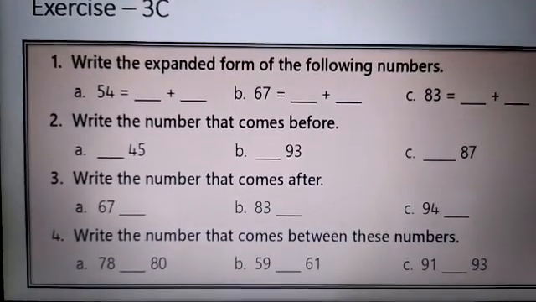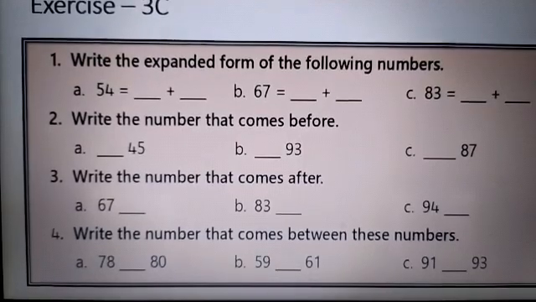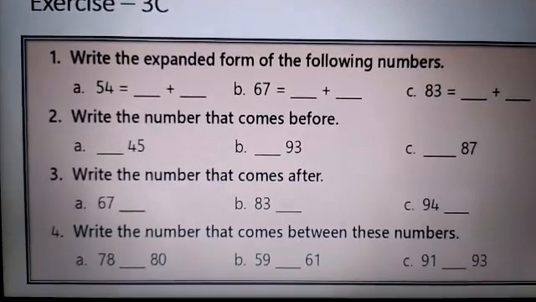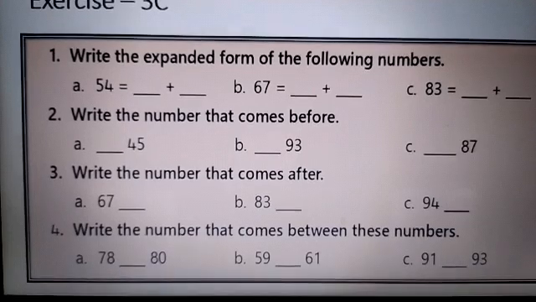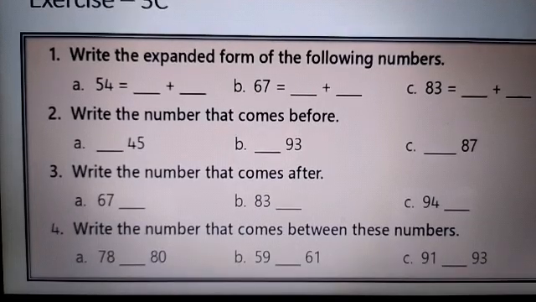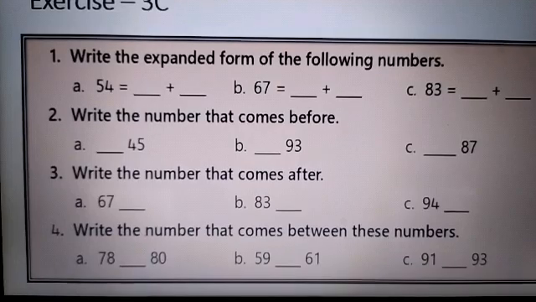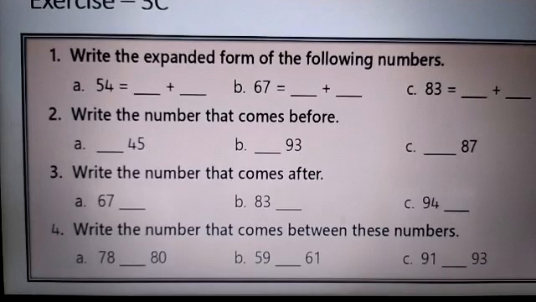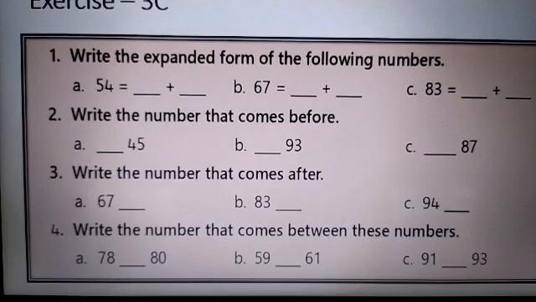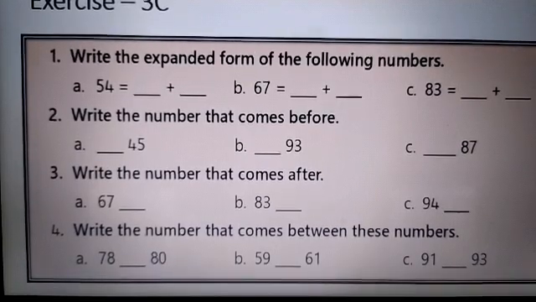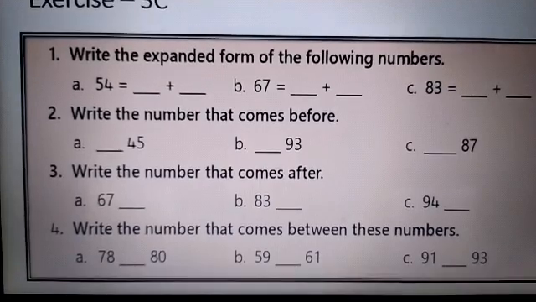Write the number that comes between these numbers. Now you have to write which number will come between the following numbers. First one is 78 and 80. So what will come in between these numbers? 78, yes, 79. Very good. 80. So your answer for the first is 79. Next, 59 and 61.